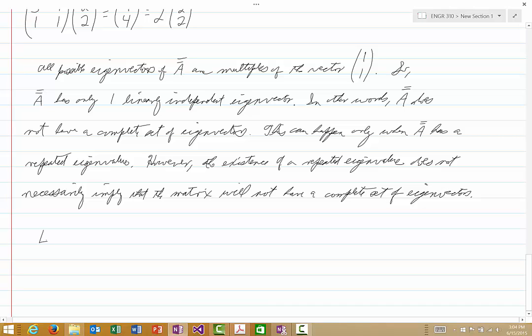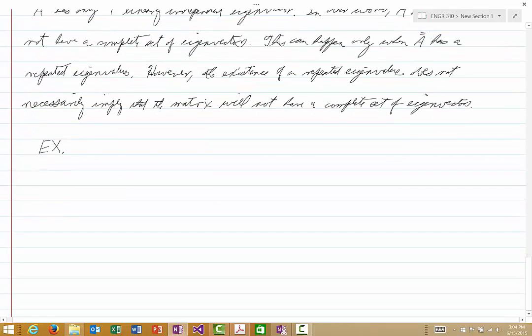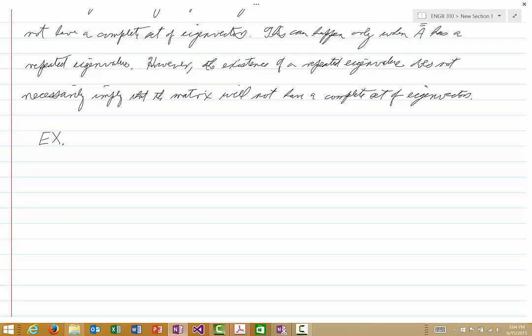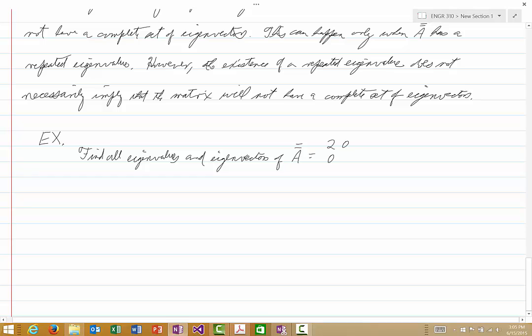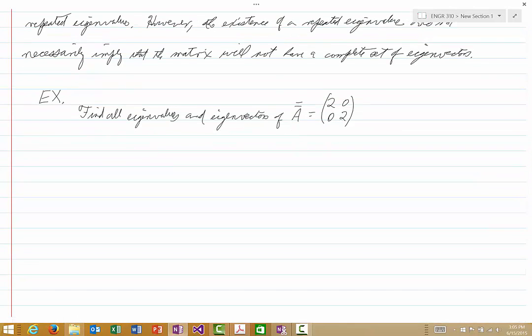And as an example of that statement, let's look at this. Let's find all eigenvalues and eigenvectors of A equals 2, 0, 0, 2. Okay, so here's another 2 by 2 matrix, and we want to find all of its eigenvalues and eigenvectors.